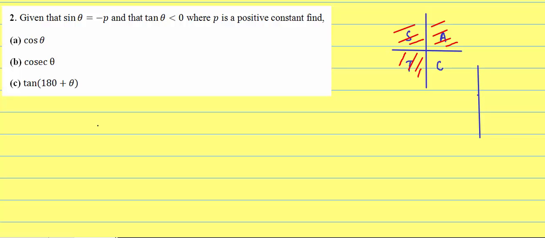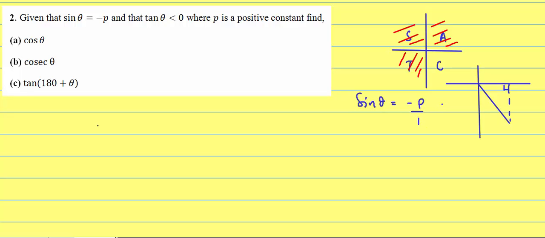So if I draw a new diagram here and incline it at this angle, then I can use this new right angle triangle, as before, to calculate the trig ratios that relate to theta. If I drop a perpendicular there, I know that sine theta is going to be equal to negative p over 1.